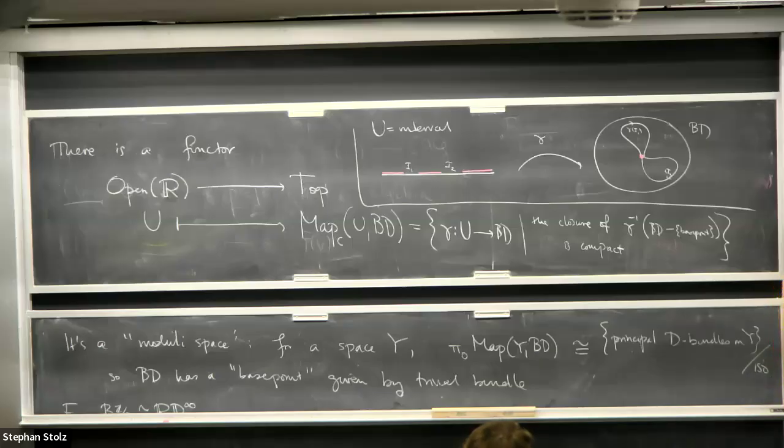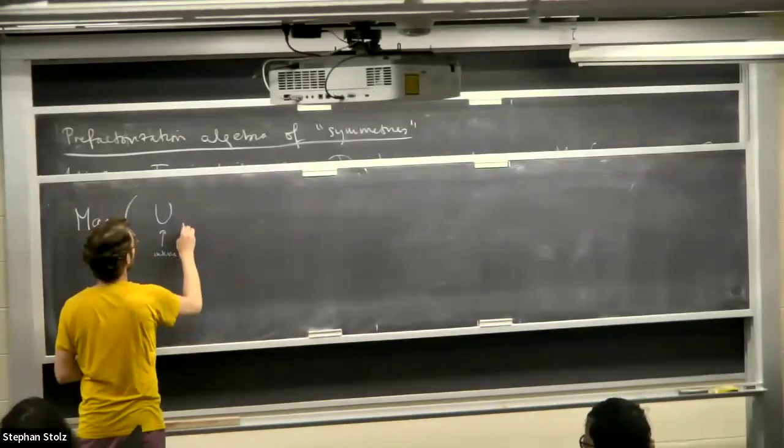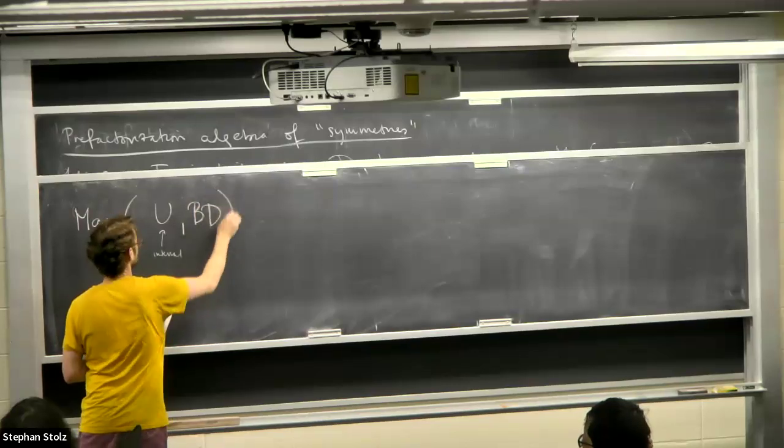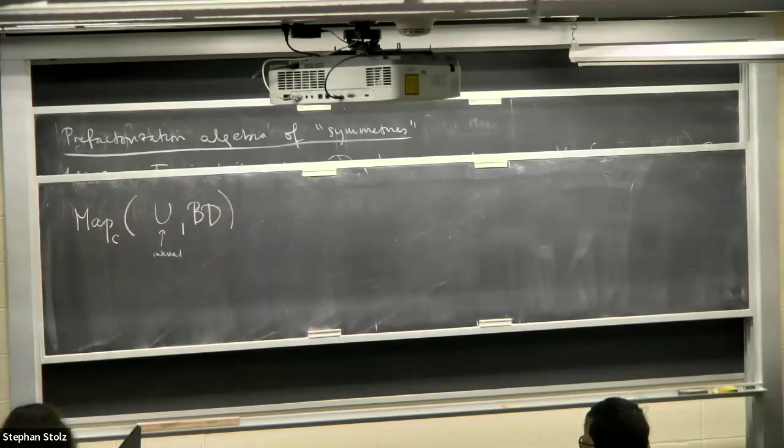So what this kind of argument shows is that if I think about this as an interval, and outside of some sort of finite period of time, everything's sitting at the base point.